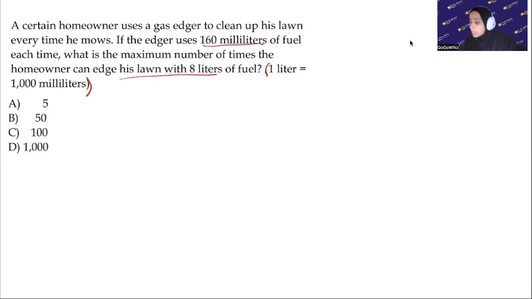So basically what we're saying is, I have 160 milliliters that gives me one time, right? Now I'm saying that I have 8,000 milliliters, and that gives me how many number of times?